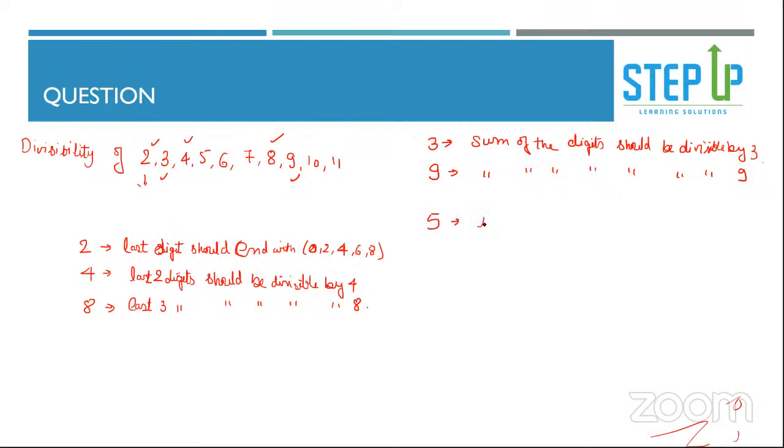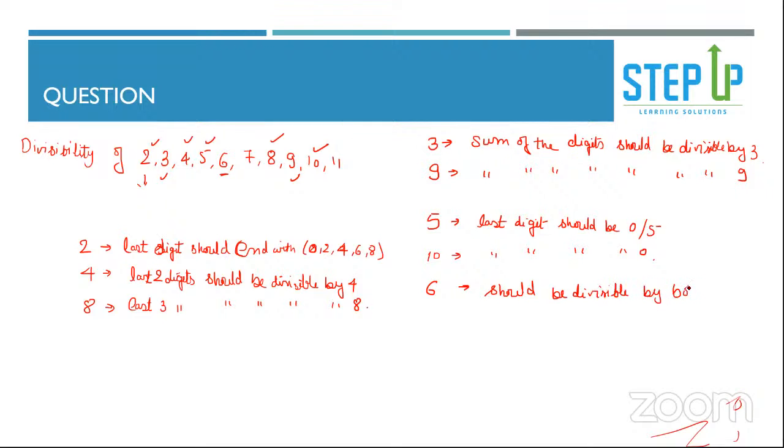Divisibility rule of 5: the last digit should be 0 or 5. For 10, the last digit should be 100% 0. So we are done with 5 and 10. Now 6: it should be divisible by both 2 and 3. Okay, we are done with 6.